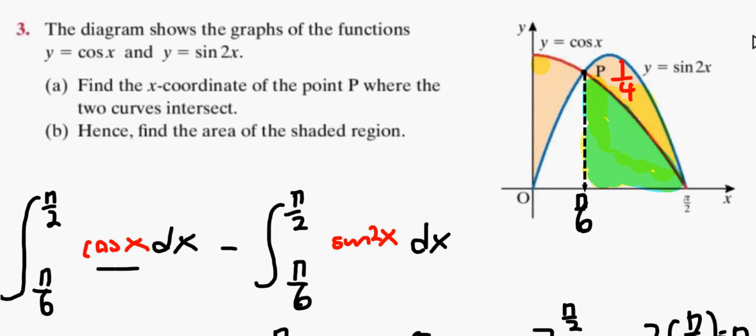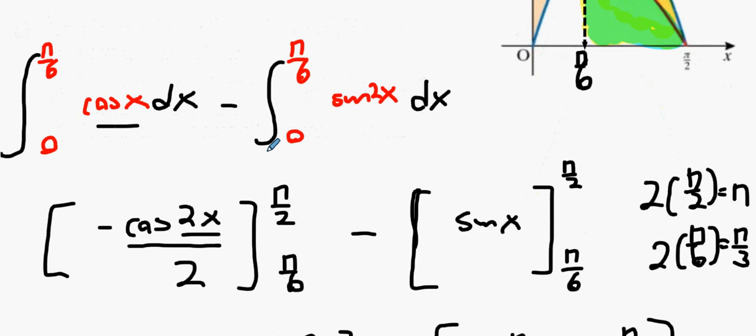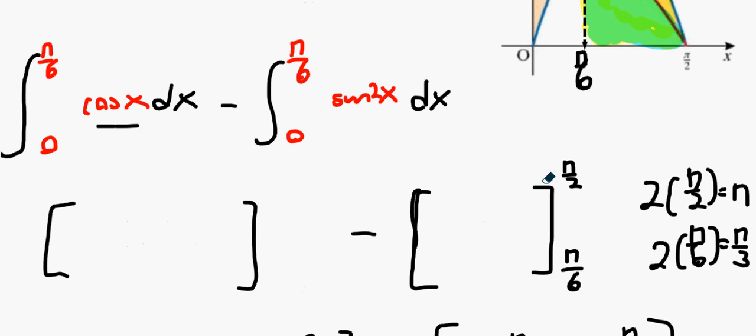What are the limits this time? 0 to pi over 6. Forgot about that other shaded region. Okay, and this is 0 to pi over 6. Okay, now lucky for me, I can just change this around. We pretty much have the work done from the last part. The work's already done. This is, was it minus sine x?